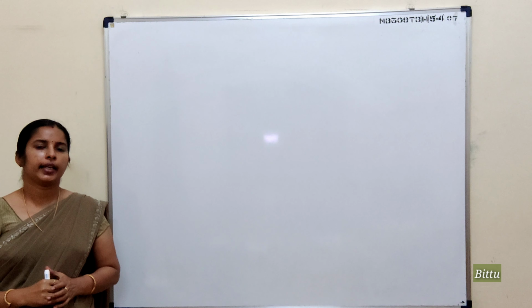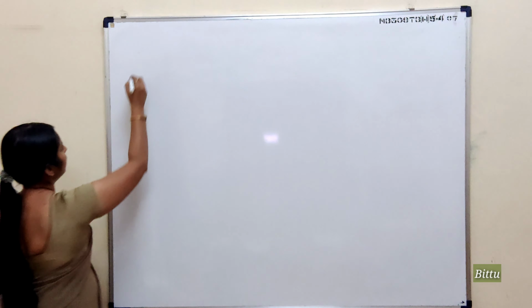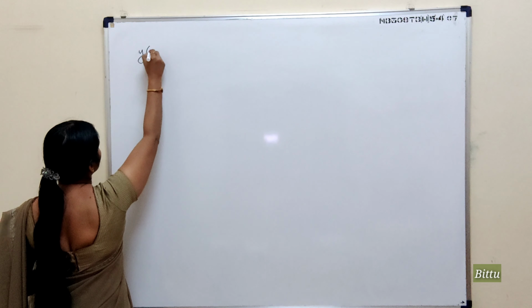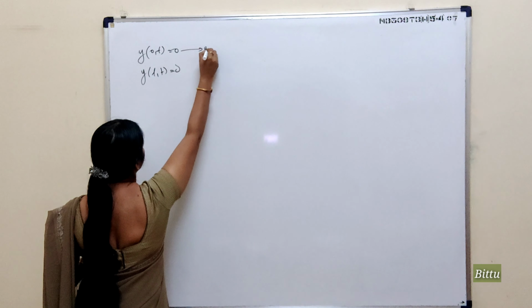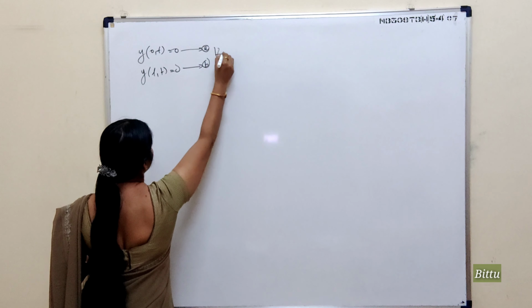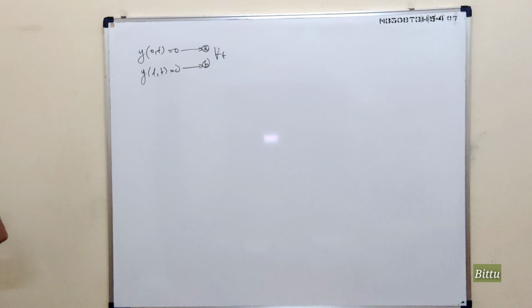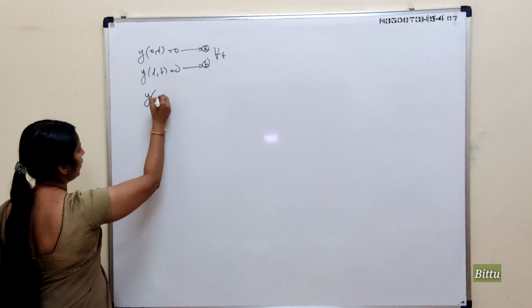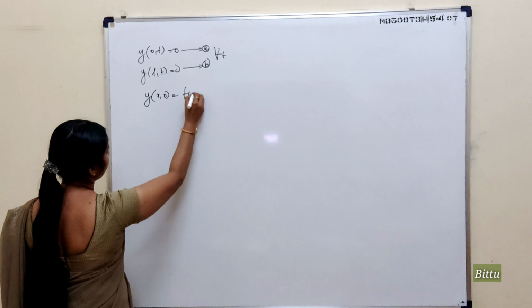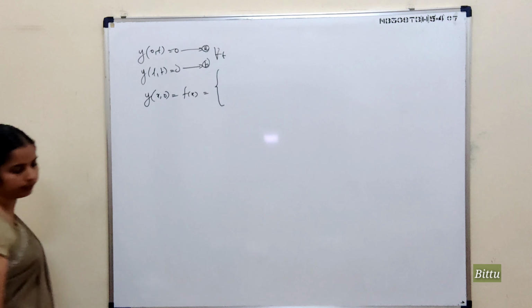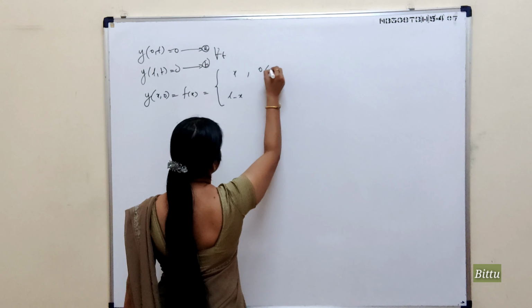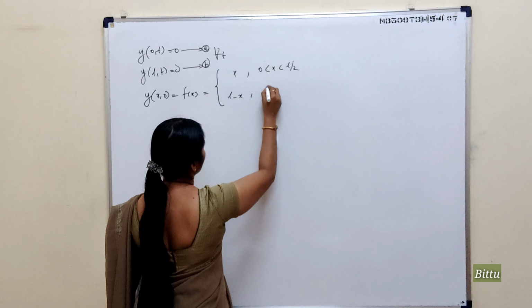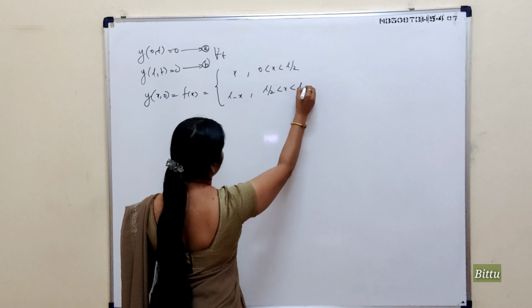Clearly, length of the string is L, so we can write its boundary conditions. Y of 0,t equal to 0 and y of l,t equal to 0 at any time t. Next, we have to write its initial position, and it is given by y of x,0 equal to f of x. Here f of x is x into (l minus x) for 0 less than x less than l by 2, and for l by 2 less than x less than l.